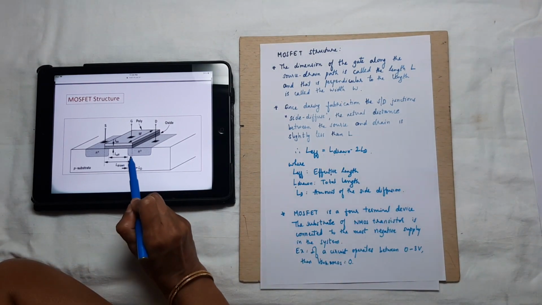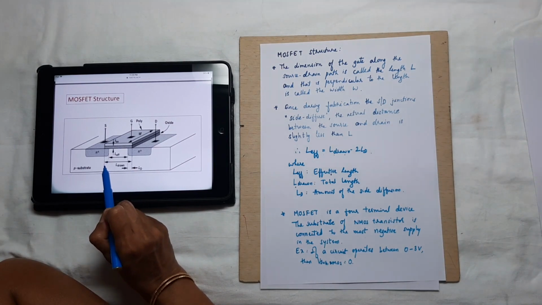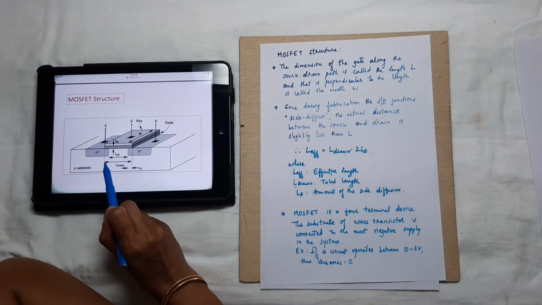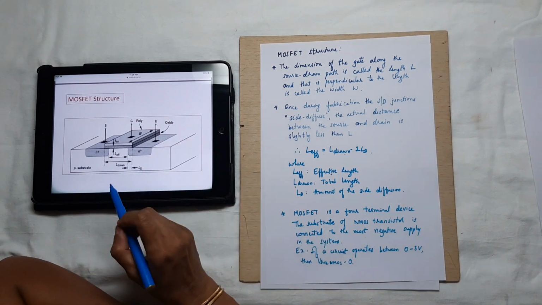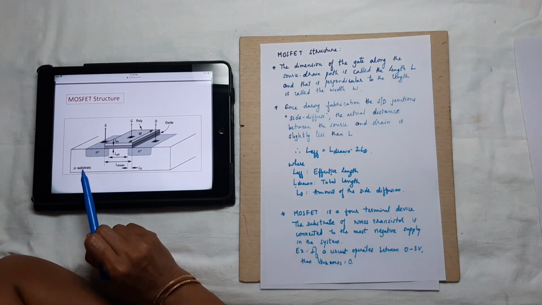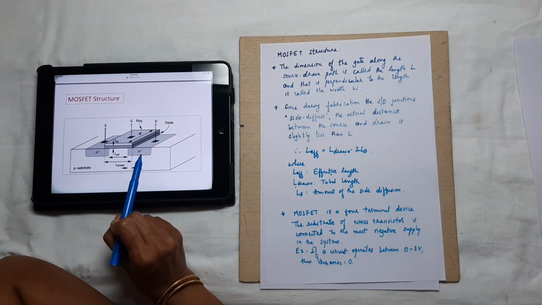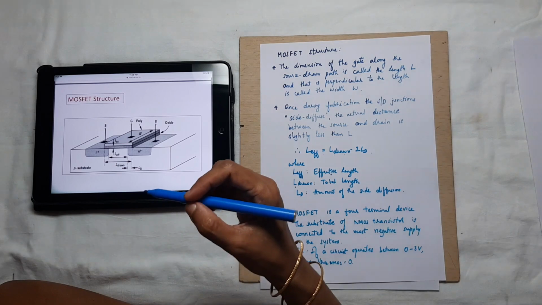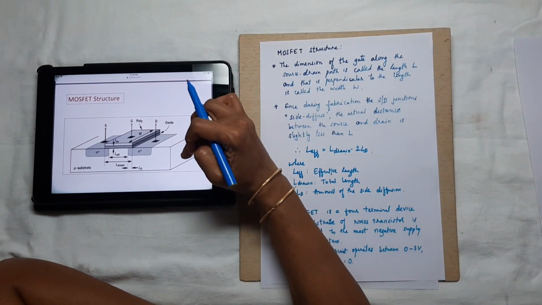Look here, this is the side diffusion represented as LD, and this also is LD. Since it is an N transistor, it starts from the P substrate, and we have 2 N plus regions diffused into the P substrate to form the N transistor.